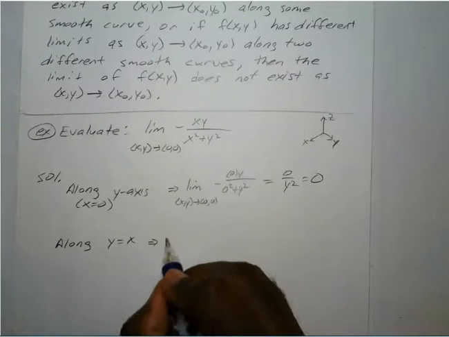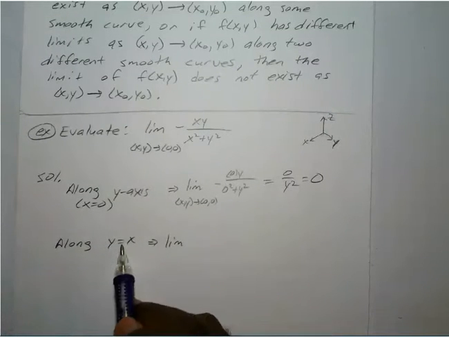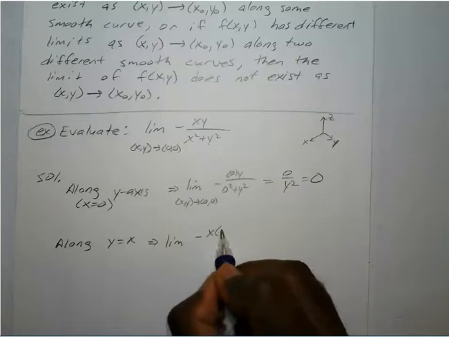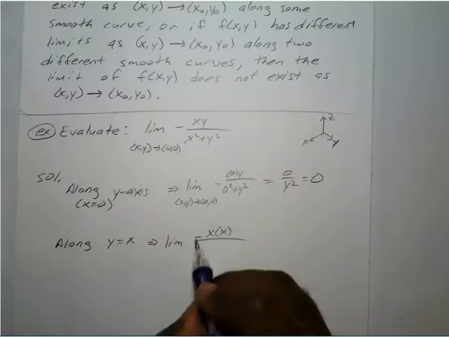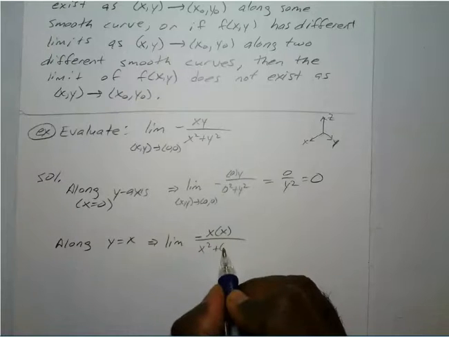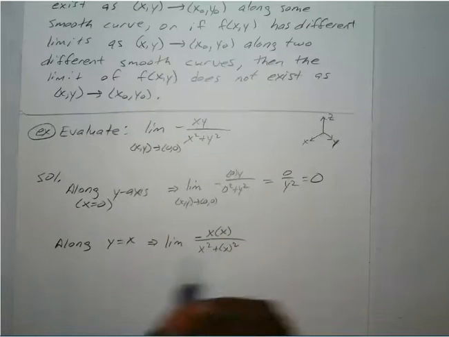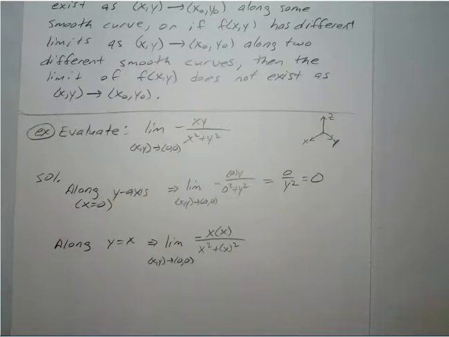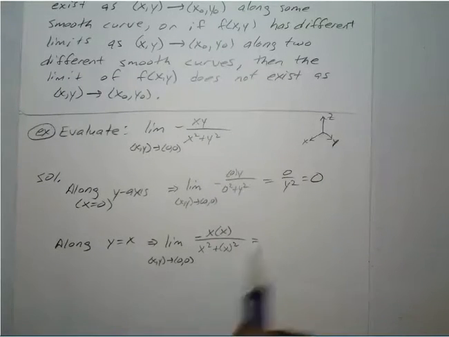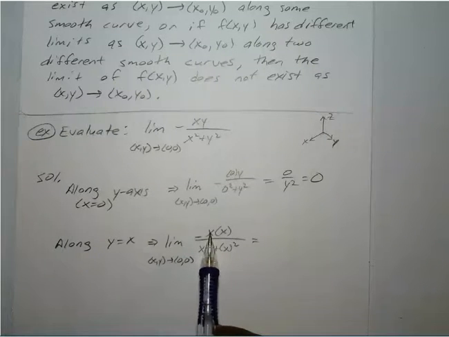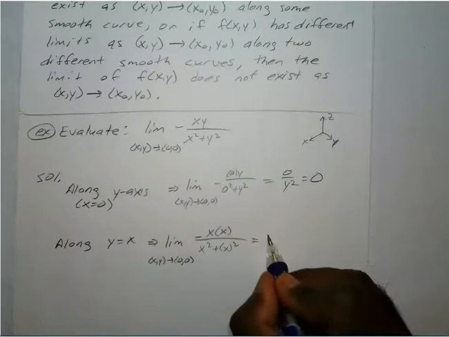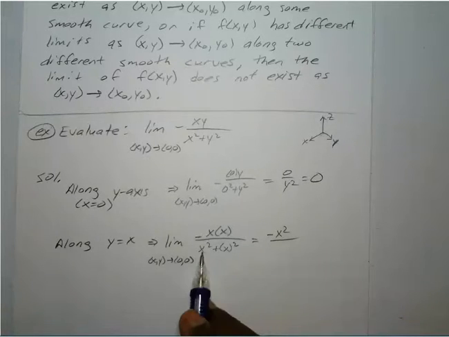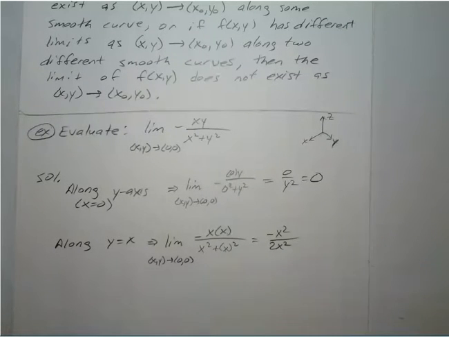Okay, so that would mean you have the limit with y equals x, so that's negative x times x over x squared plus x squared as x, y approaches 0, 0. So you have x times x, which is x squared. So you have negative x squared over x squared plus x squared, which is 2x squared.